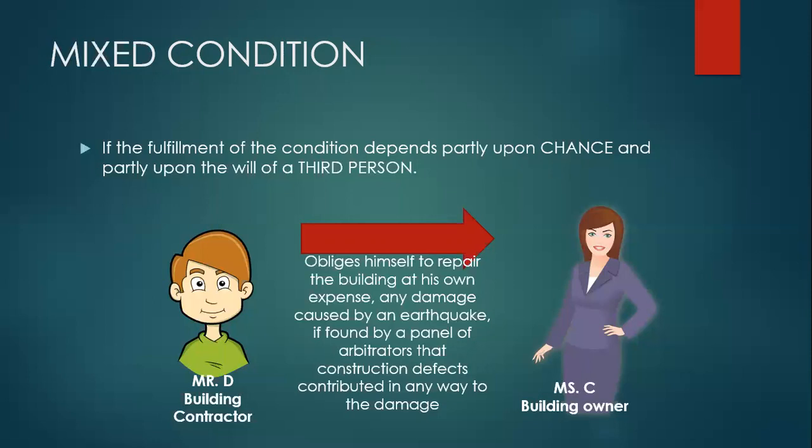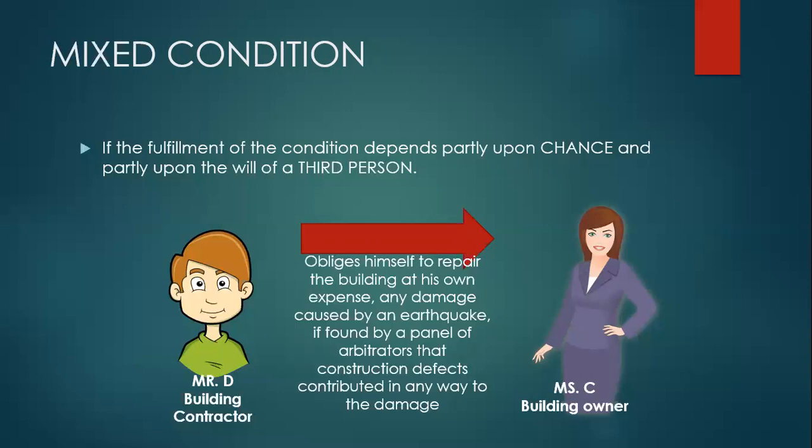And the second condition here is if the defects found by the panel of arbitrators are based on construction defects. So that condition is partly upon the will of a third person, which is the panel of arbitrators.